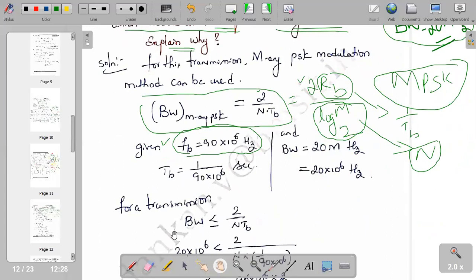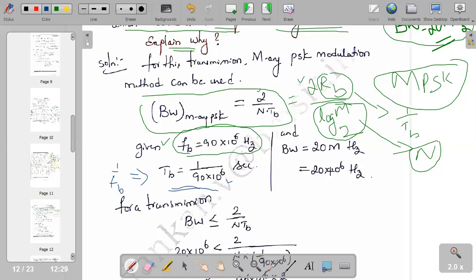By substituting this value, we can write TB is equal to 1 divided by FB. So TB is 1 divided by 90 into 10 power 6 seconds. That is your TB value.